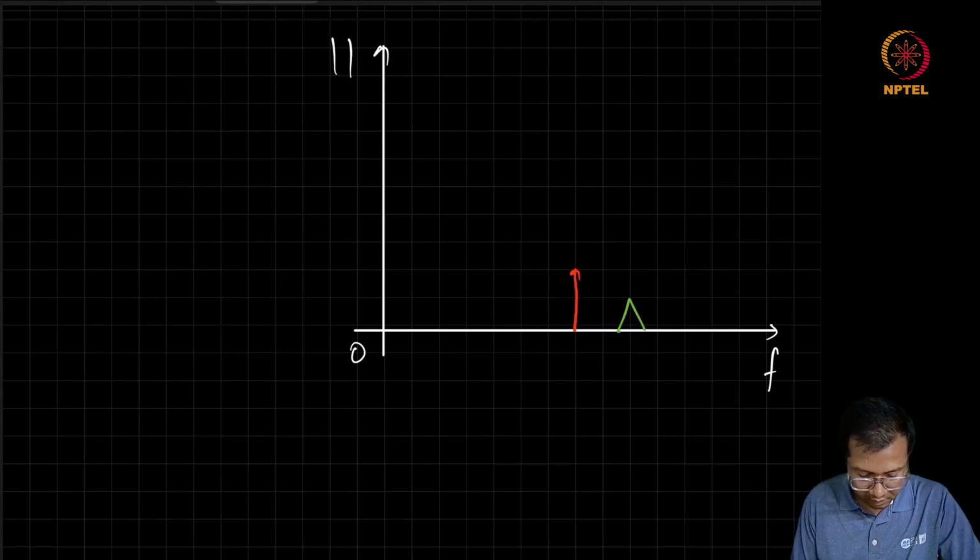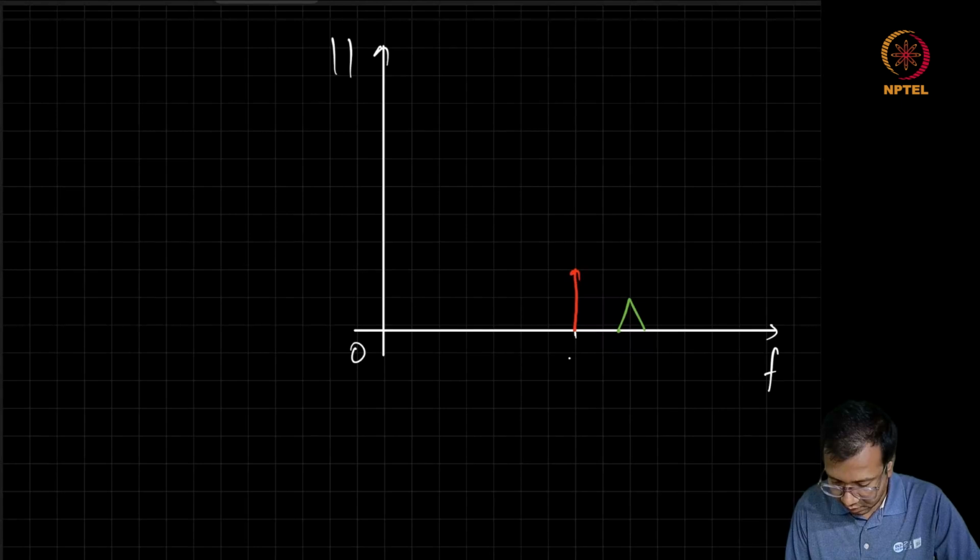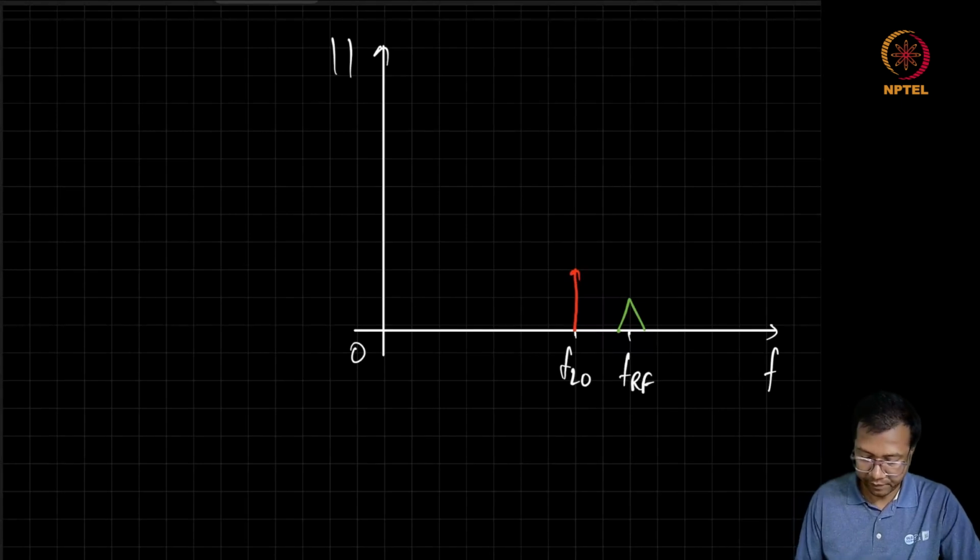So this is FRF. So this is the desired signal which we want to mix and bring it to a lower frequency.